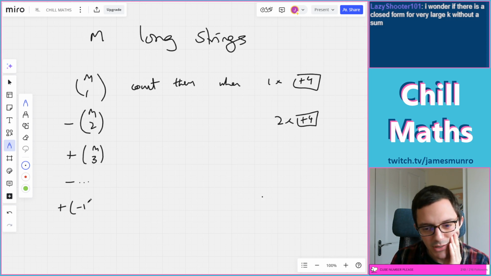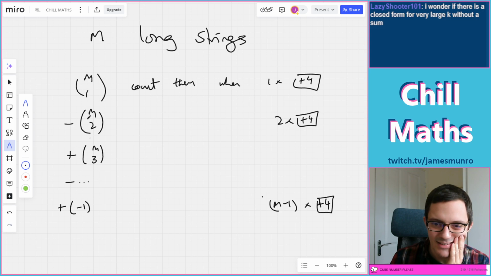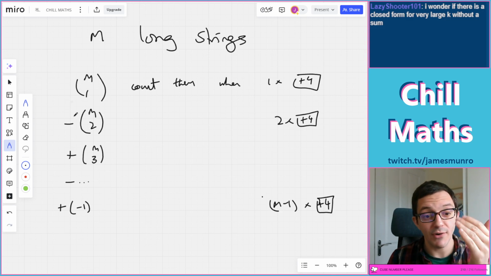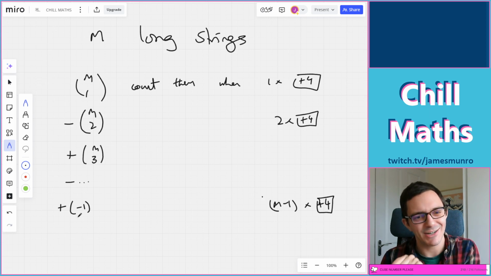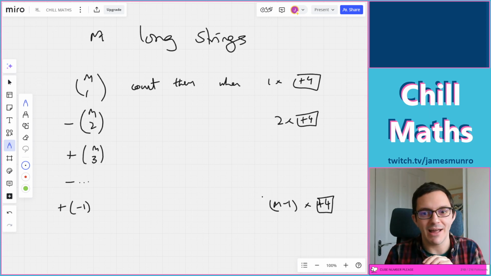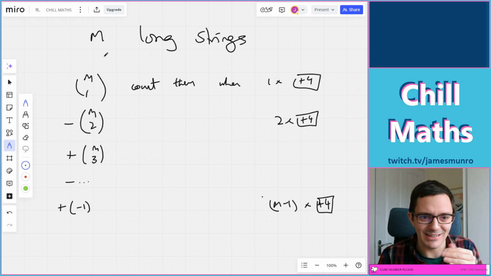So what's this going to be? -1 to the... You're going to keep counting this until you've so far considered using m-1 plus 4 cards, and you'll decide that there's a plus minus signs here. So far you've been doing plus minus signs, and you've just got to the term that's like correcting for, you've just remembered that you might have m long strings, like how we just corrected for having 3 long strings. You keep going until you get to m long strings.